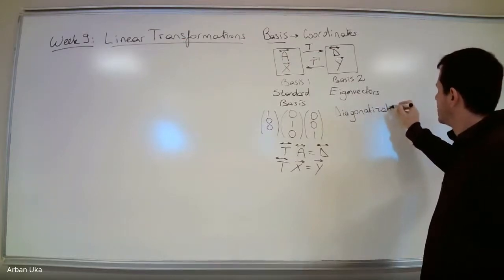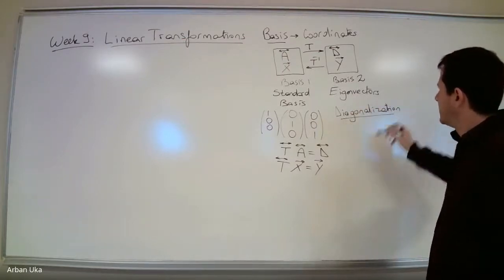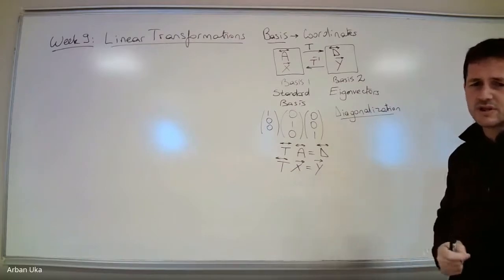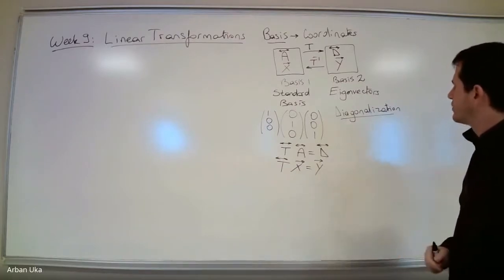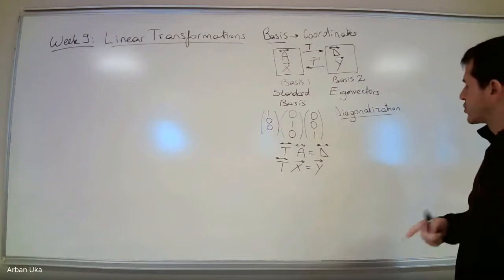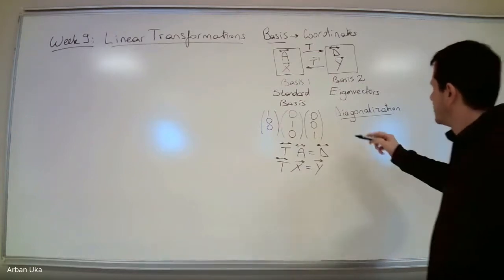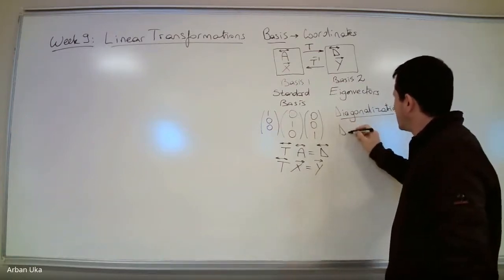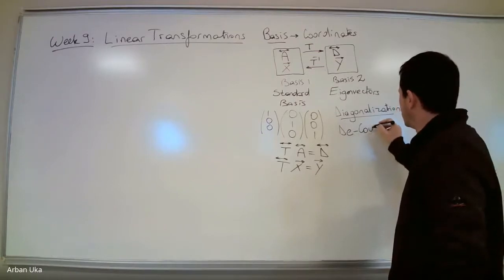You can write this keyword down and remember it, because in a couple of sessions we're going to work a lot on it. We're going to talk about diagonalization, because it helps a lot in doing decoupling.